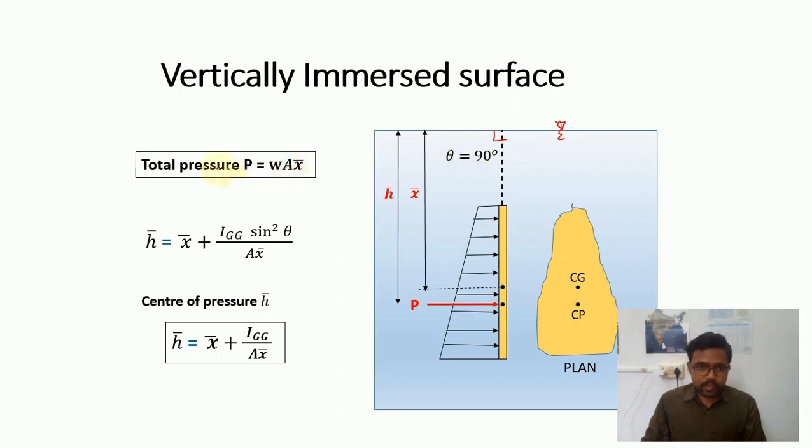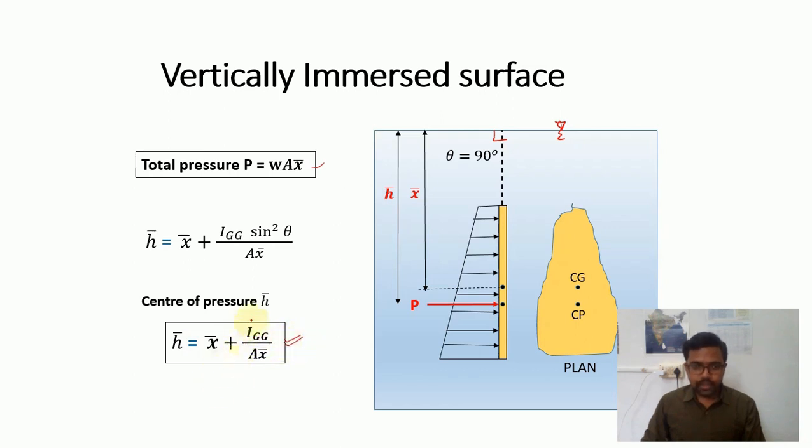So in this case the total pressure force is P equal to wAx bar only, it won't change. So for any case, P is equal to wAx bar, whether it is a horizontally immersed, inclined immersed or vertically immersed object. And h bar, for an inclined immersed body, is x bar plus sin square theta times IG by Ax bar. Here if you put theta is 90, the derivation is the same, and this equation will turn into h bar is equal to x bar plus IG by Ax bar.